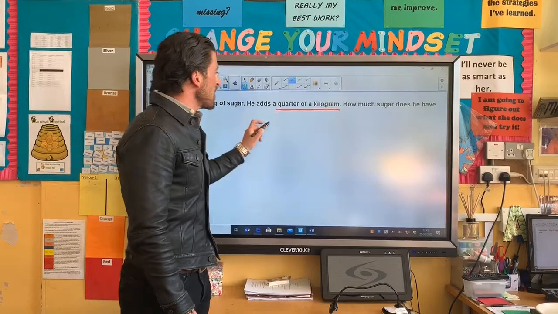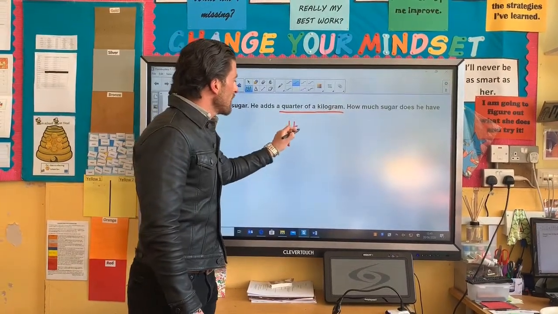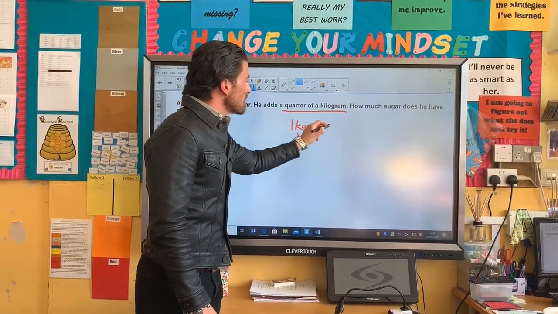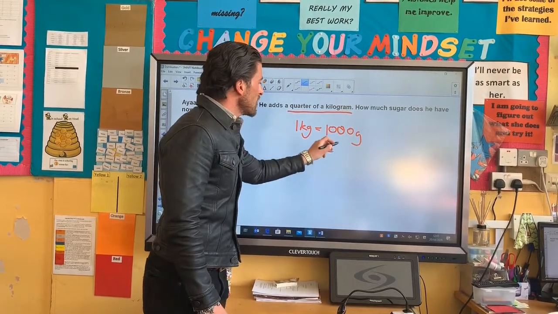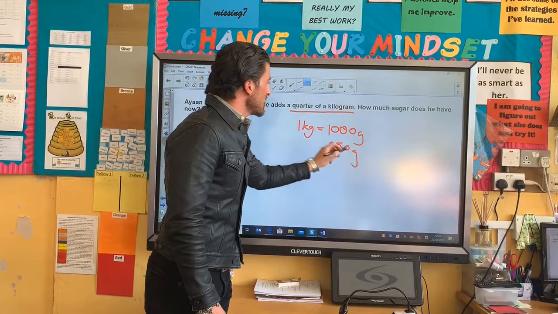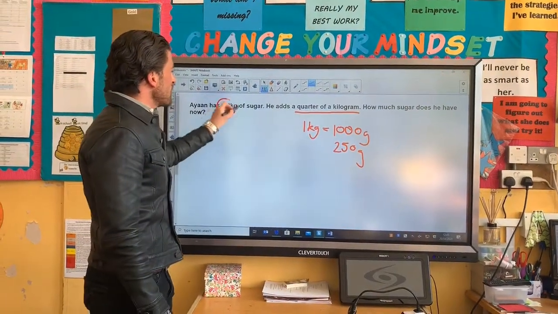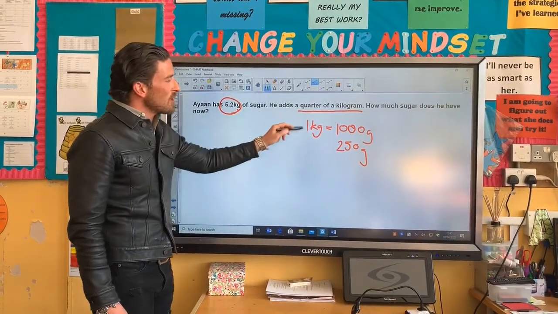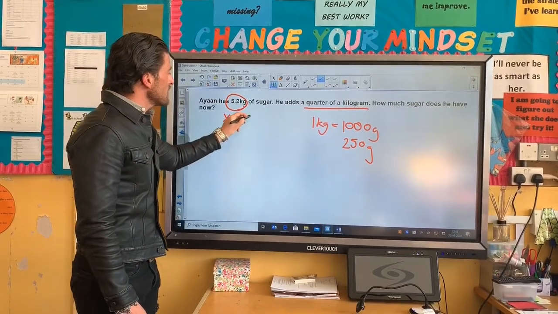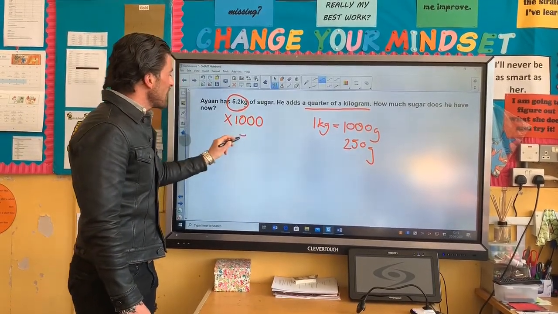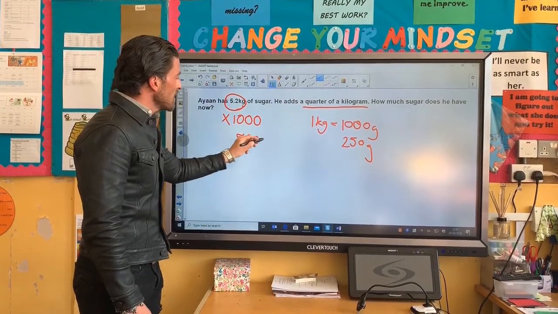So if we can remember, 1 kilogram is the same as 1,000 grams. So 1/4 of that is going to be 250 grams. So we need to add 250 to 5.2 kilograms. Again, if we know that there's 1,000 grams in a kilogram, we multiply that by 1,000 to give us 5,200 grams.